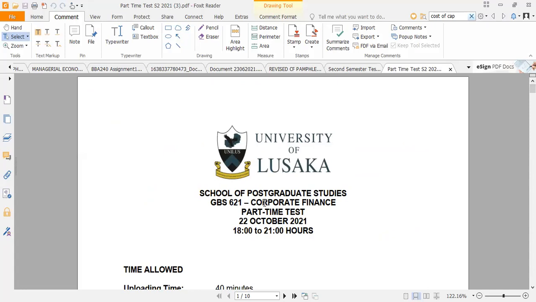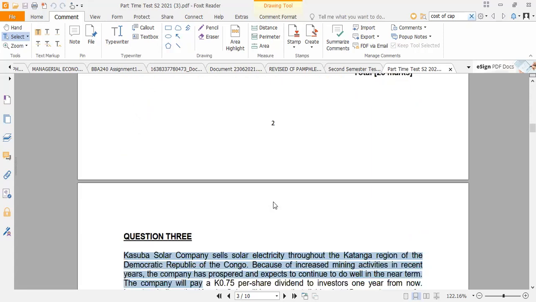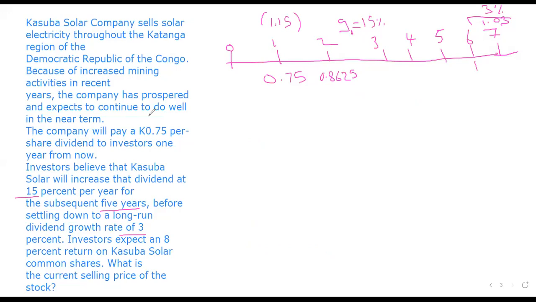Here, we are randomly selecting questions. So we're looking at question number 3. Starts from the past paper. So should it come exactly as it is? It's just coincidental. Some of the questions come from there.